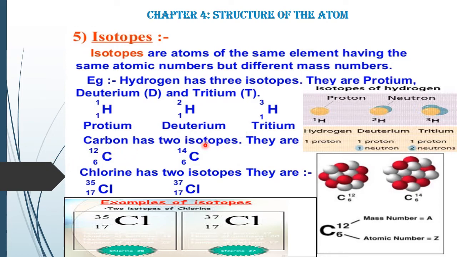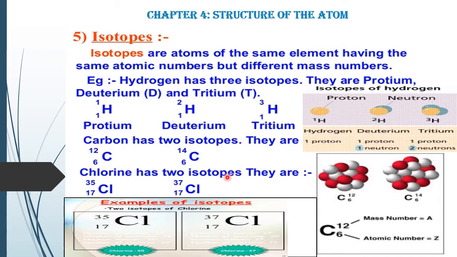Same way, carbon has 2 isotopes. Here also the atomic number remains the same, as in hydrogen, but the atomic mass is different. These are the isotopes of hydrogen: protium, deuterium, tritium. Now carbon has 2 isotopes: the atomic number is 6, and the atomic mass is 12 in one and 14 in the other.